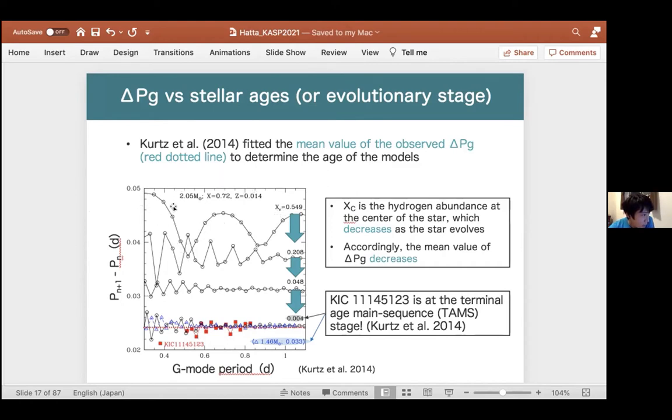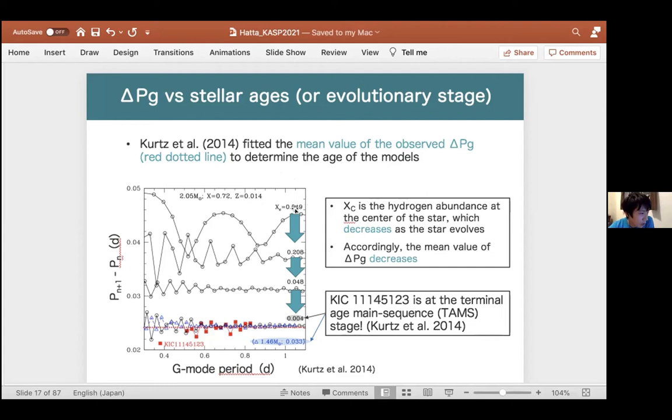First, they prepared the stellar model. They decided the stellar mass and initial chemical composition, and they started the evolution with ordinary one-dimensional stellar evolution code, and they stopped the calculation when the central hydrogen abundance reaches 0.549.